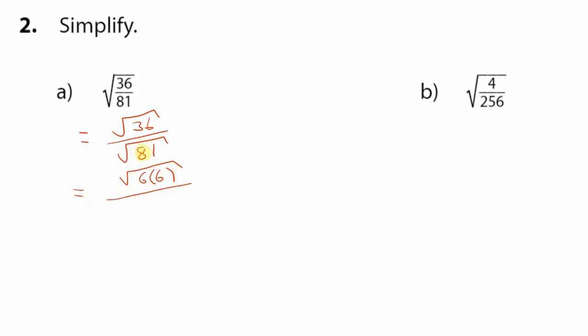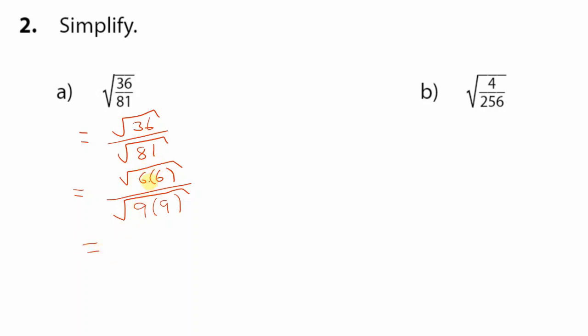We also need to ask what times what gives 81. Yeah, 9 times 9 is 81. So we are working with pairs that are exactly the same, that we need to multiply with each other to get the answer in the square root.